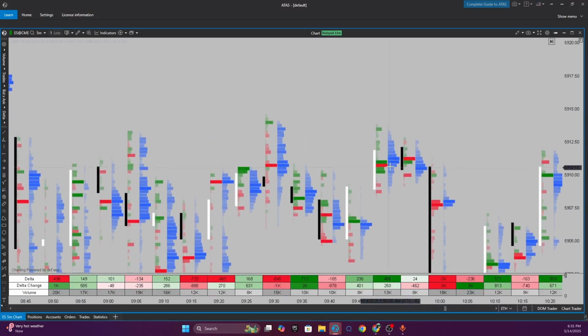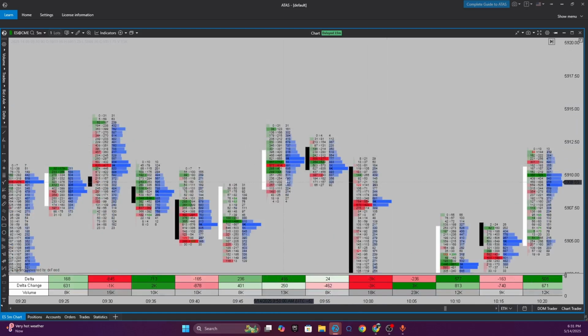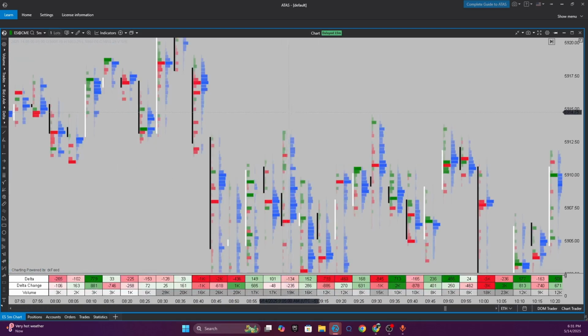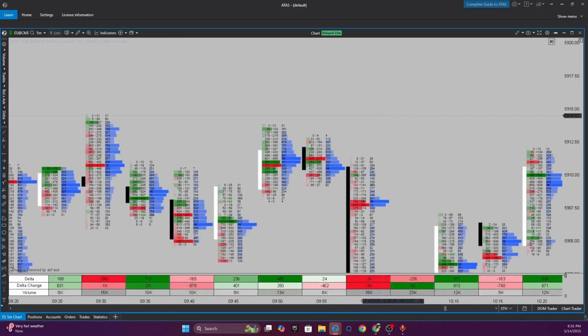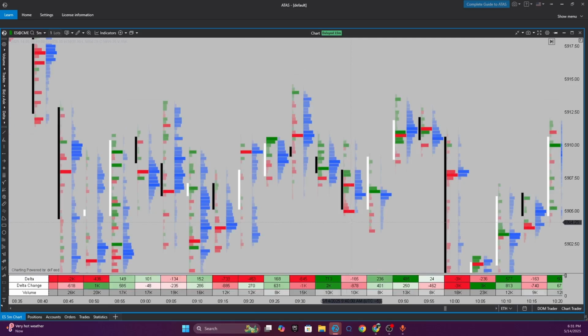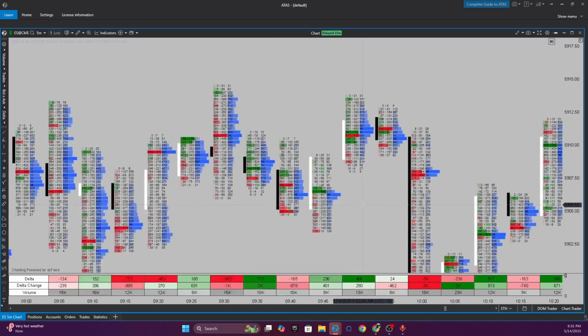Now, what I do see is that here we're seeing lots of buying delta start to get introduced. Price is unable to push higher. It could not even get to this level where we previously saw high buying delta. And now we're seeing heavy seller delta get introduced. And when I say heavy, I mean really heavy. Now with this seller delta, it might be indicative that price may want to go down.